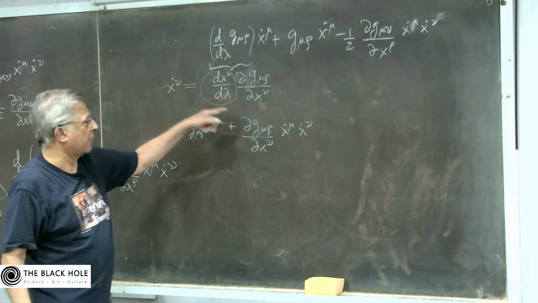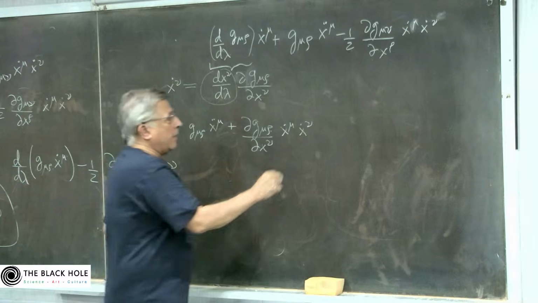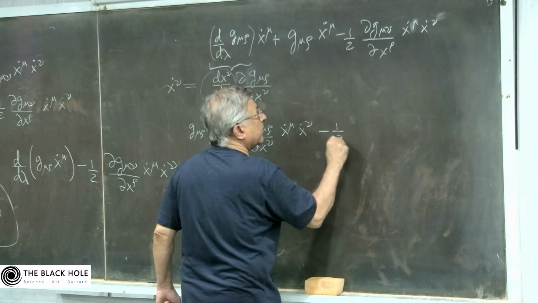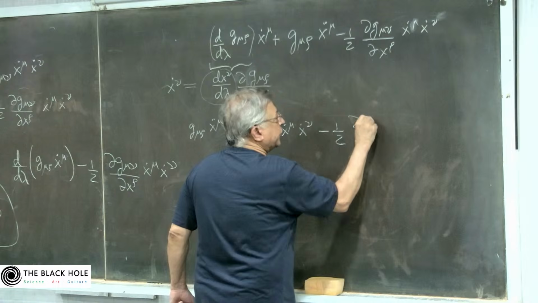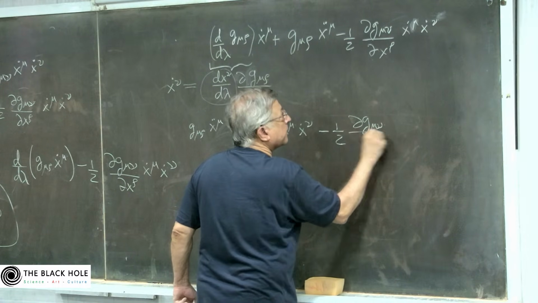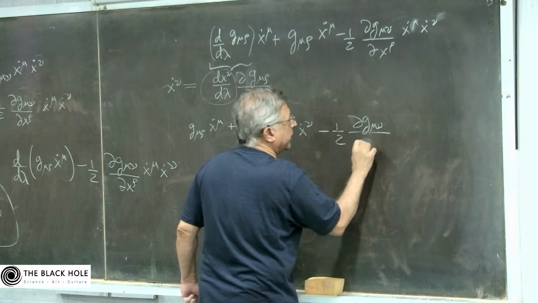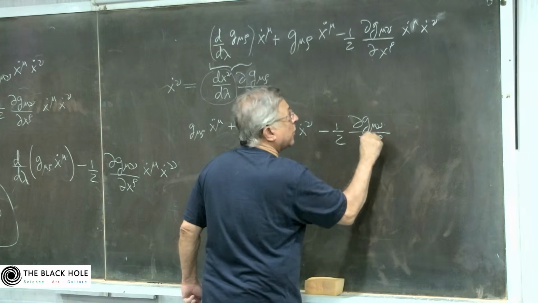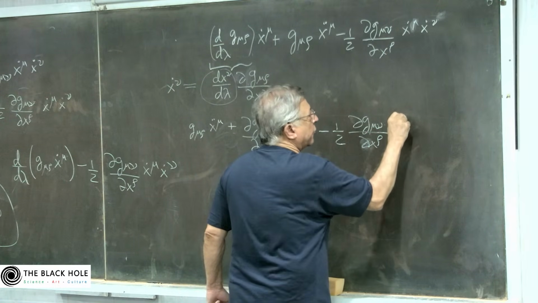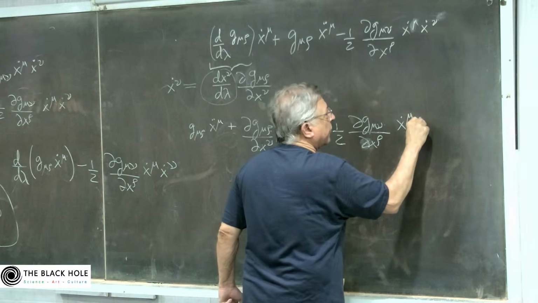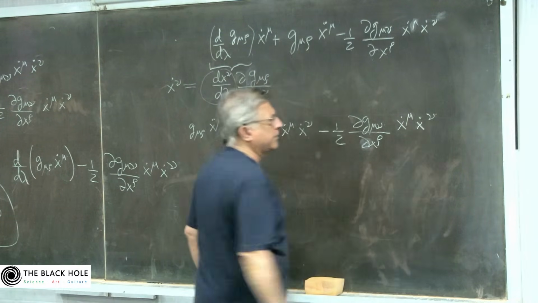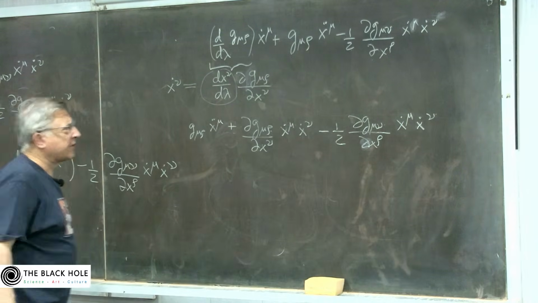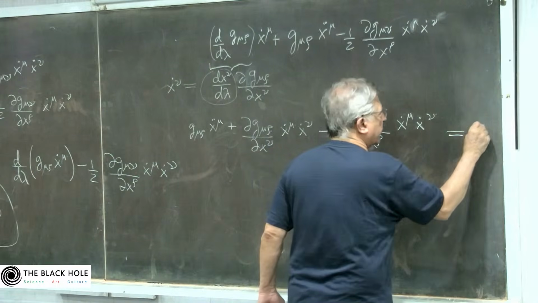This thing is x dot nu, which is here, minus half d g mu nu by dx rho x dot mu x dot nu. And this is equal to 0.